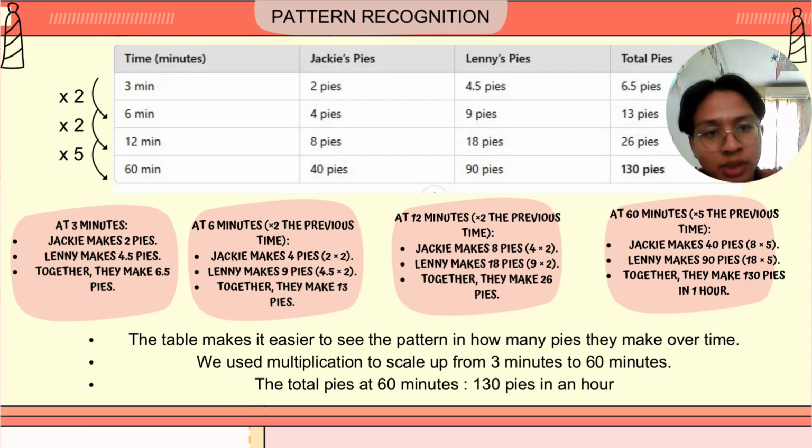And lastly, at 60 minutes, which is 5 times the previous time of 12 minutes, Jackie makes 40 pies, which is 8 times 5, while Lenny makes 90 pies, which is 18 times 5. So together they make 130 pies in 1 hour. Based on this table, we can use multiplication to scale up from 3 minutes to 60 minutes. So the total is 130 pies in an hour.